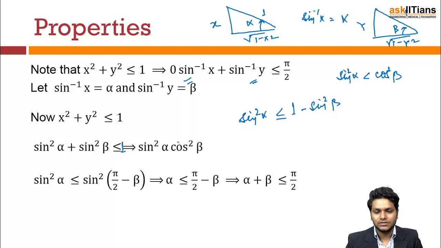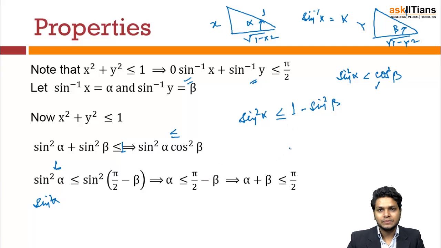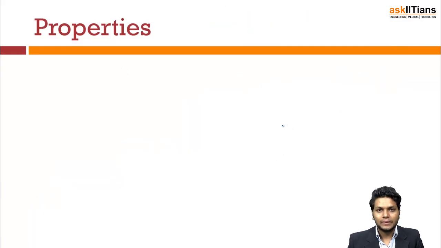There is one equality sign left out here, so this will be less than or equal to. Now we know that sine and cos are complementary, so for convenience I can write sine square alpha, on the left hand side of the inequality, is less than or equal to sine square of pi by 2 minus beta. I have converted my cos into sine, and that is how the conversion takes place. From here I can say that alpha is less than or equal to pi by 2 minus beta, and hence alpha plus beta will be less than or equal to pi by 2.